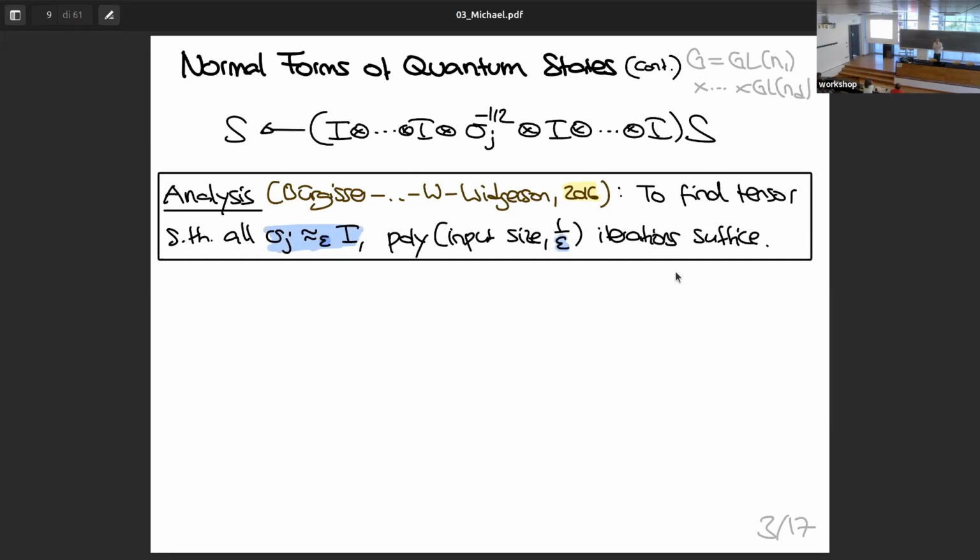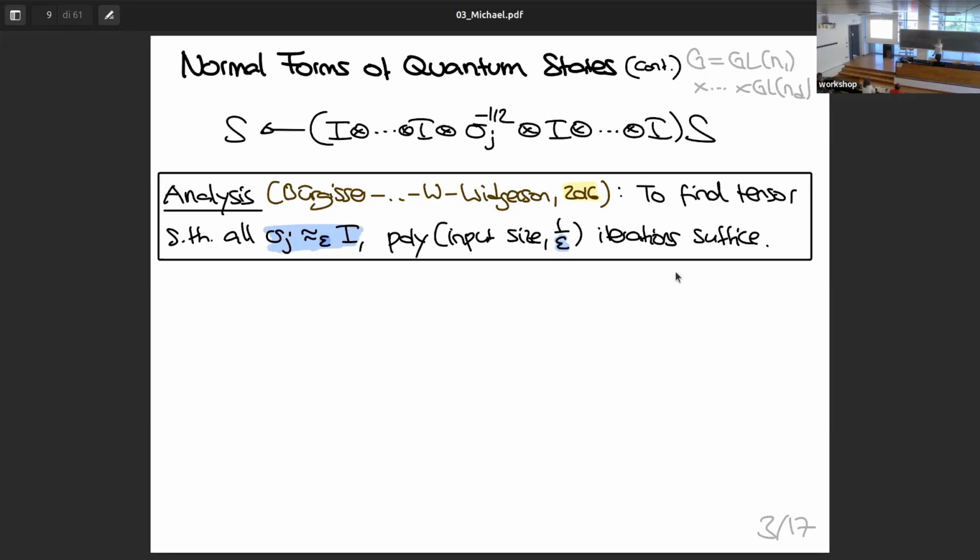You have to degenerate in general, so you can only get as close as you want. Then a number of iterations of Frank's flip-flop algorithm suffices that is polynomial in the input size, so the dimensions and also the bit size of the entries of the tensor, and 1 over epsilon. We are happy about the first part, not so much about the second, but it's at least what one can expect for these kinds of first order algorithms.